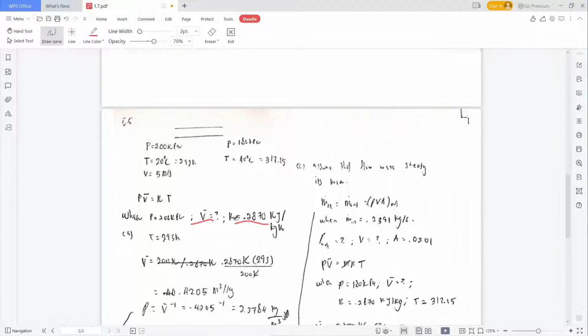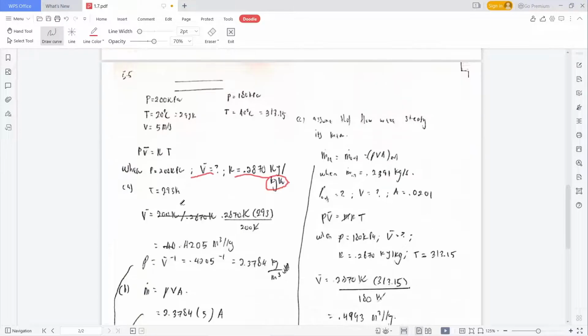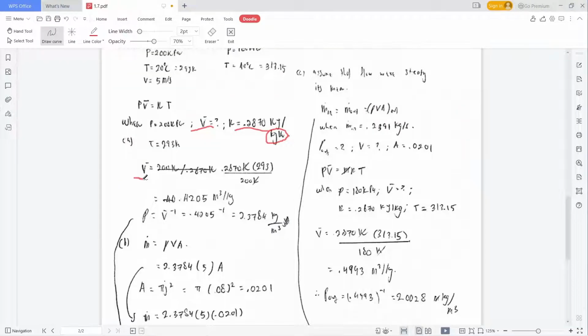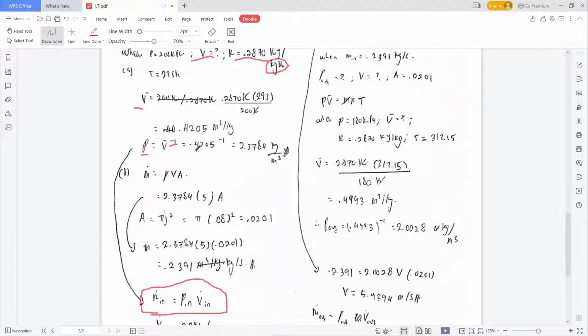Since we are dealing with a gas constant in Kelvin, we need to convert the temperature unit into Kelvin, so 293 K. When we calculate, we get a specific volume of 0.4205 meter cube per kg. We raise this to the power of -1 to get the density. So 0.4205 to the power of -1 gives a density of 2.3784 kg per meter cube.